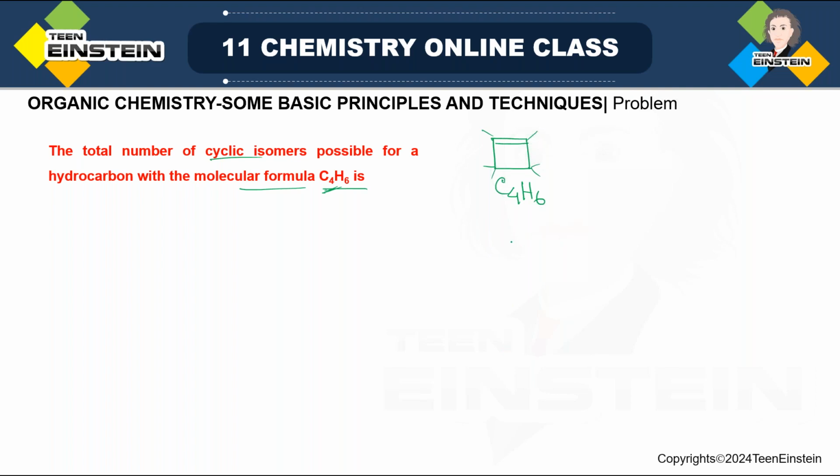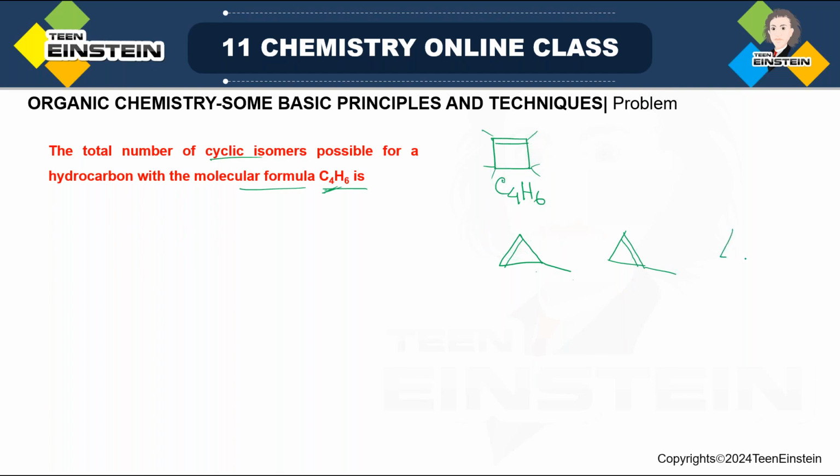Now if I make it a 3-member ring, in this case there should be some substituent. Merely placing a substituent, the total number of carbons will be 4. But if you count hydrogen, 3, 1, 2, 2, it is more than 6. So again you have to place a double bond. Then it will be C4H6. Similarly, the double bond position you can put in this way.